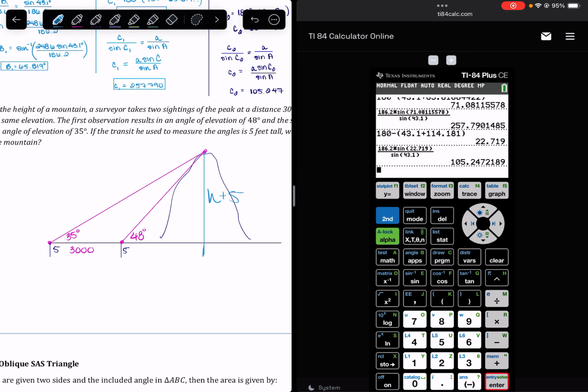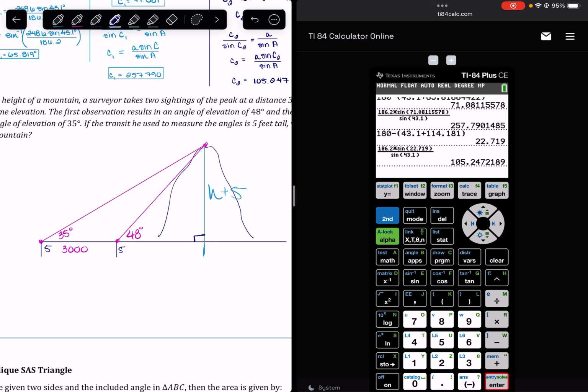So what we need to do is find some information. As far as what to find first, there are a lot of different ways you could do this, but if I can find, remember a height is measured perpendicularly, so right here, if I can find the length of this side right here, that should allow us to find our height because we can then use law of sines, because we will have a complete ratio.